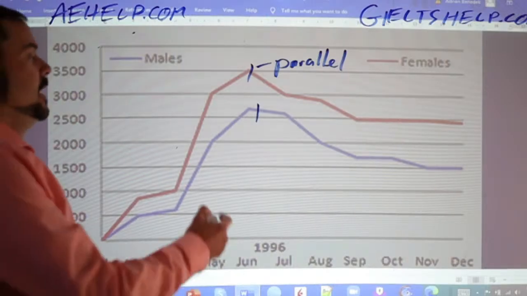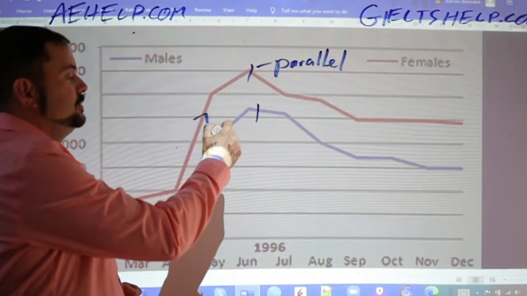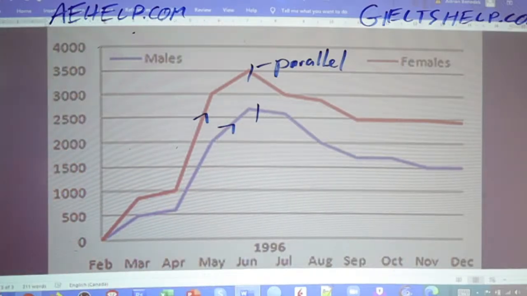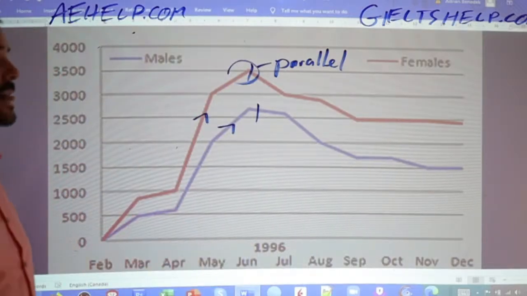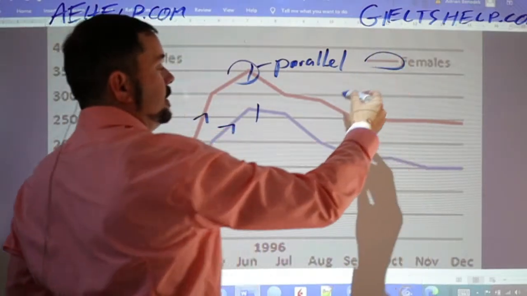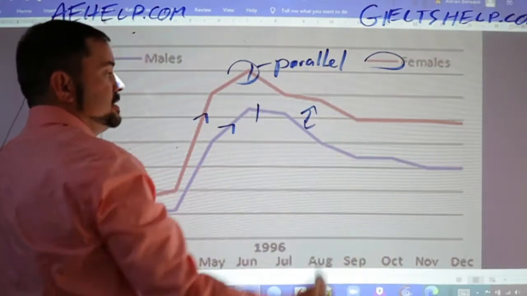But anyway, these two lines seem almost parallel. And what else do we see? We see this parallel, and we see that females are more than males for this year.